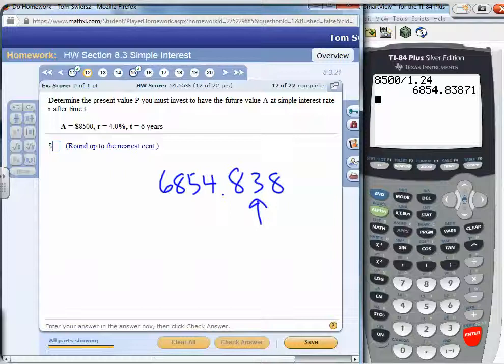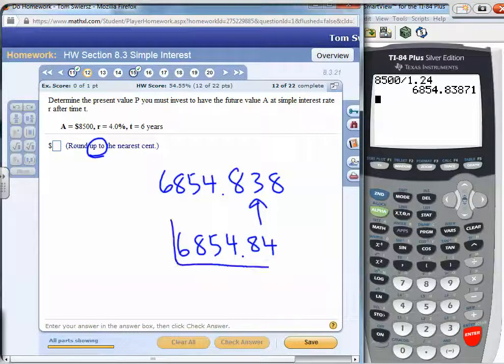There's cents, hundredths. Following the 3 is an 8, so we'd round up to 6,854.84. Now, even if this number were less than 8, like a 4, 3, 2, or 1, it says round up. So even if this number was smaller, the answer would still be 6,854.84 because it says round up, not to the nearest.